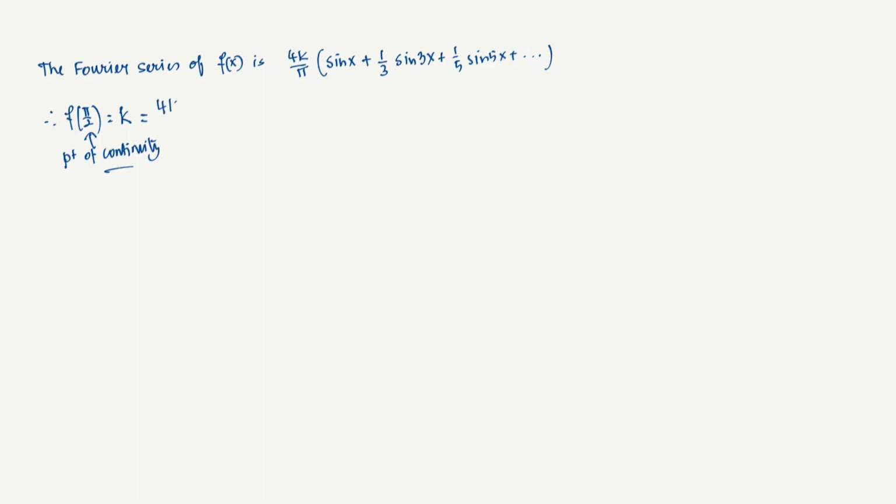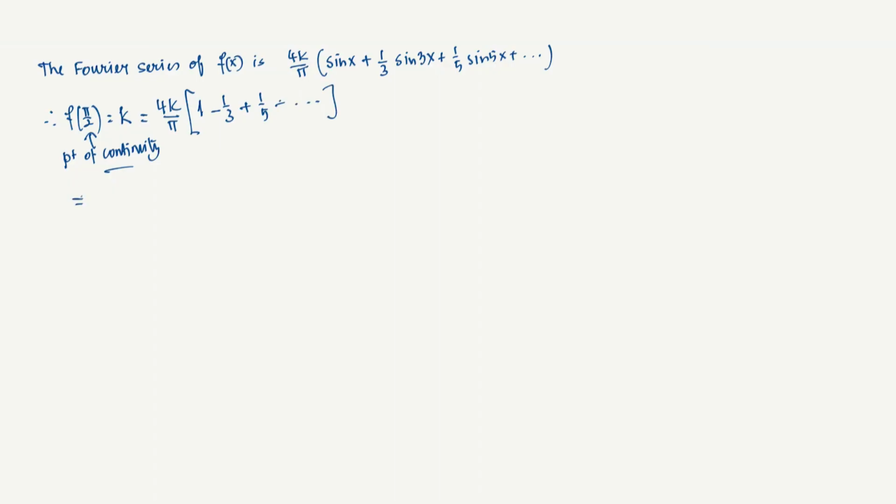It becomes 4k by pi, and then sine of pi by 2, which is 1, minus 1/3 times sine of 3 pi by 2. So it goes on, you understand? So it becomes minus 1, and then the next term is sine of 5 pi by 2, which becomes 1, so that is plus 1 by 5, and then it goes on like this.